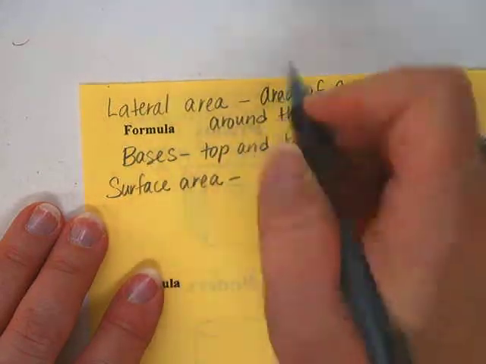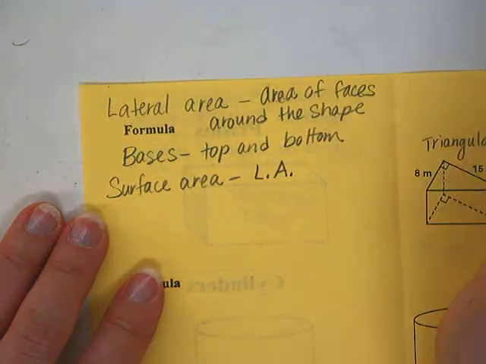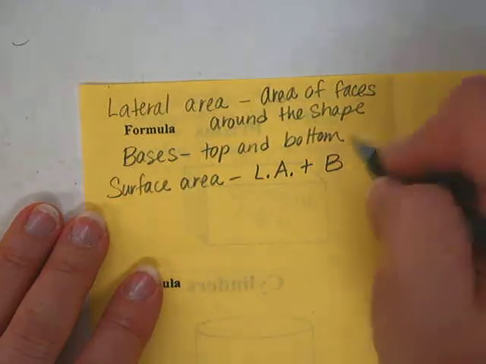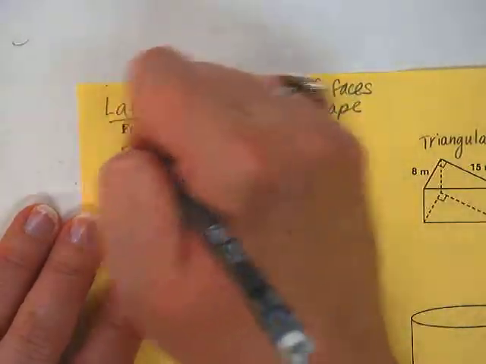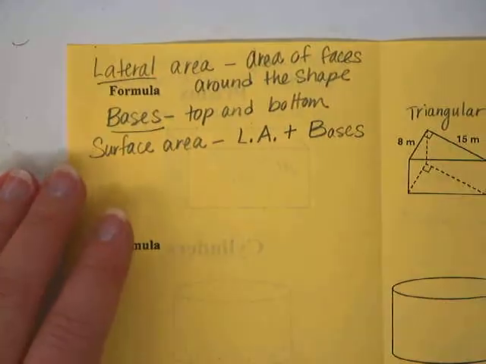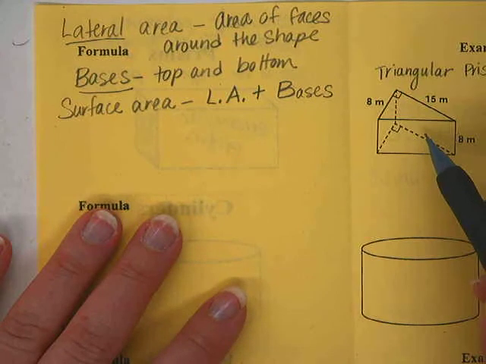And surface area is the lateral area. Can I just call it LA? Is that okay? Plus the bases. Lateral area plus the bases.